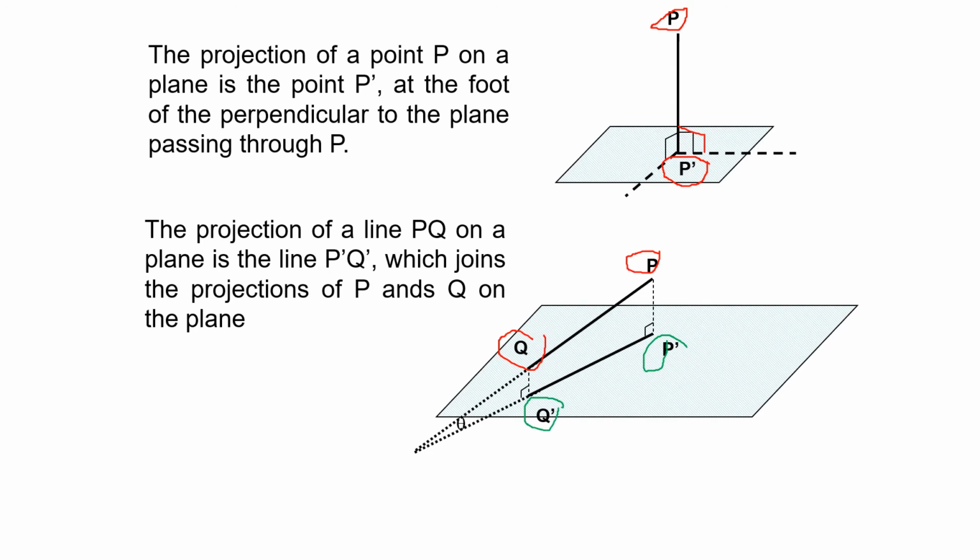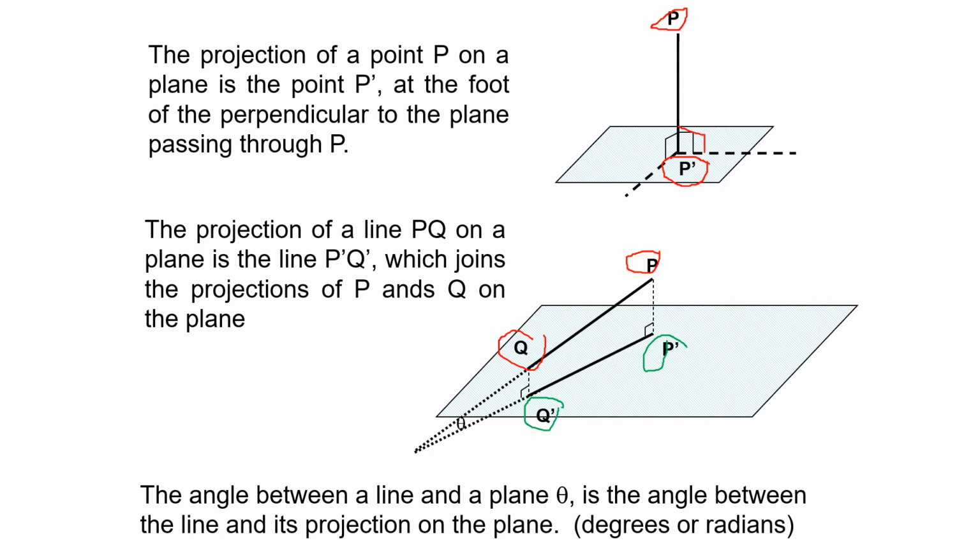It's as if it's a reflection which falls directly on the plane at the bottom of points P and Q, right? And the projection of the line PQ will be the line which joins P prime and Q prime. So it's like a shadow that falls directly on the plane below points P and Q.